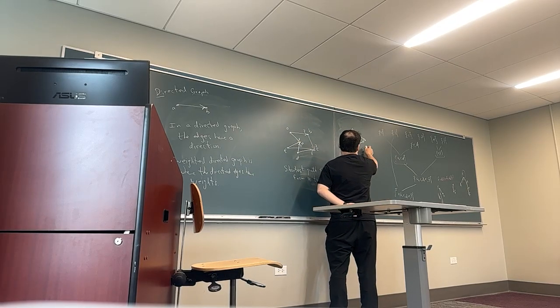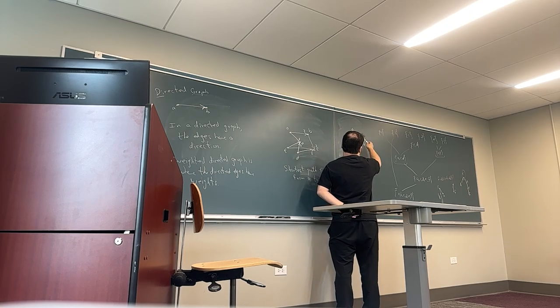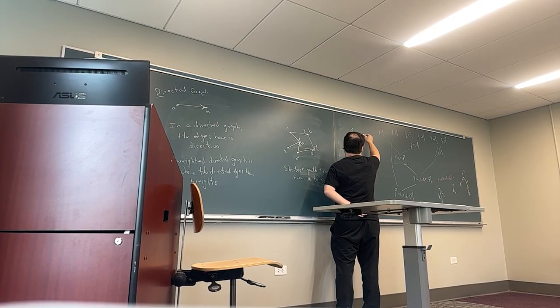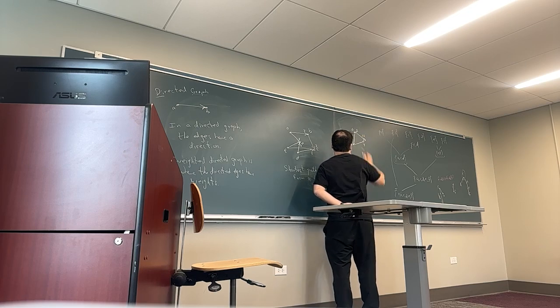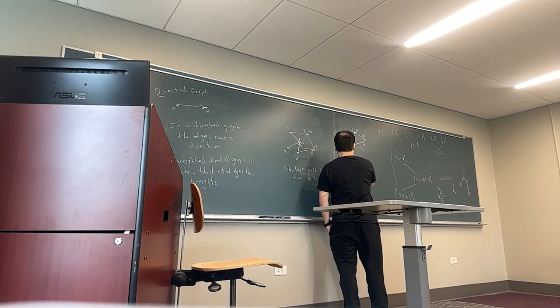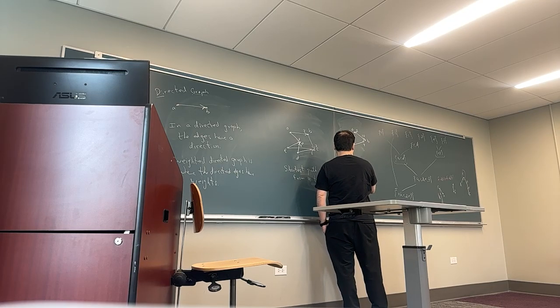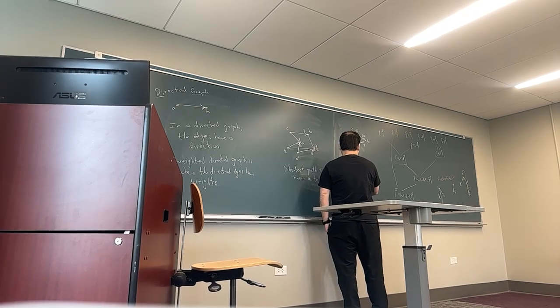Let's say this is 3, this is 4, and then this one is, I don't know, 10, and this distance is 5. Okay, so if we write it in the notation, we have an edge from A to C with weight 3, we have an edge from C to B with weight 4, we have an edge from B to A with weight 5, and we have an edge from A to B with weight 10.